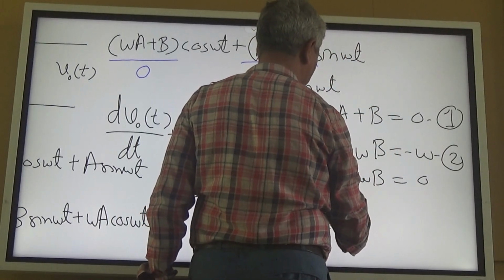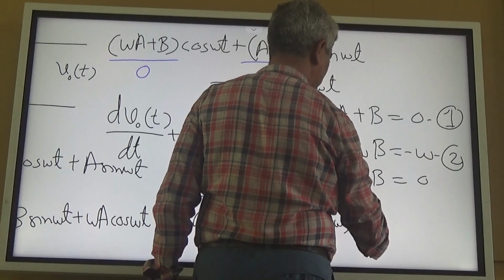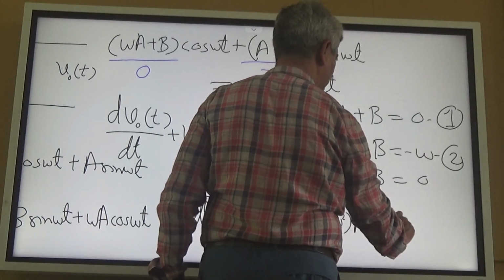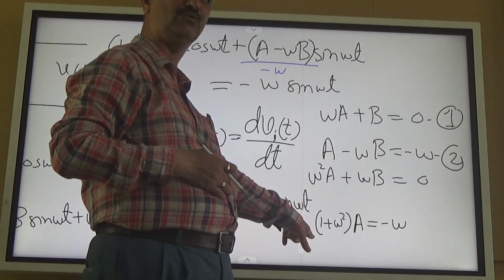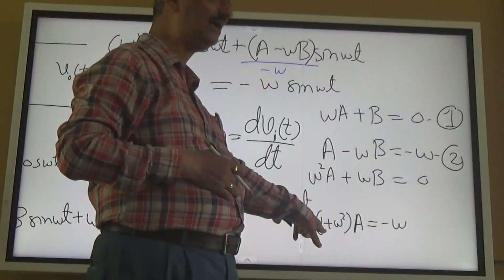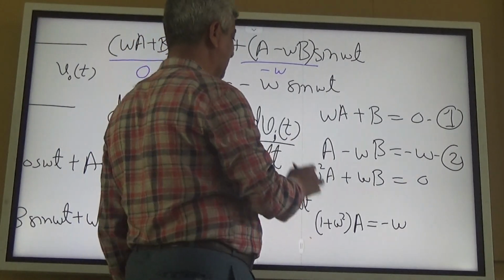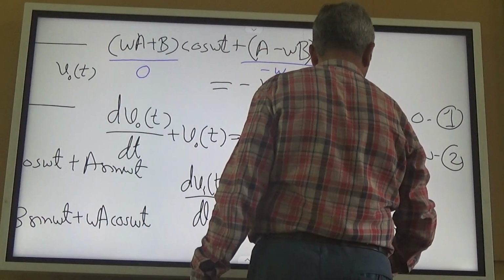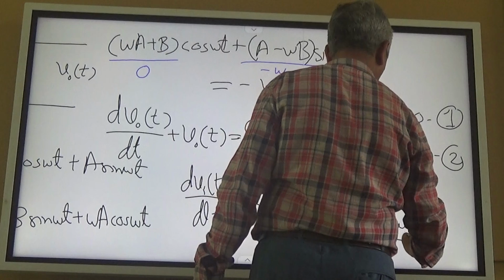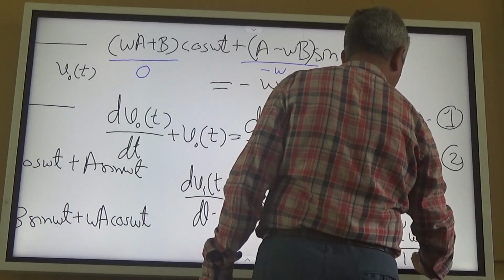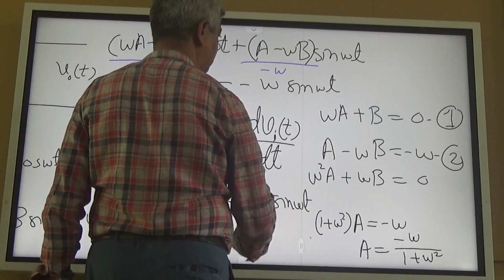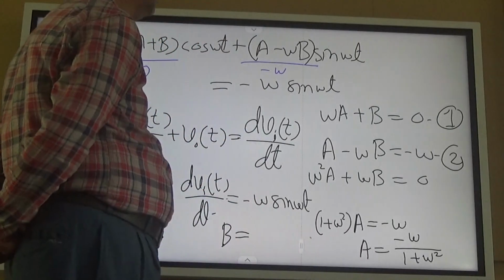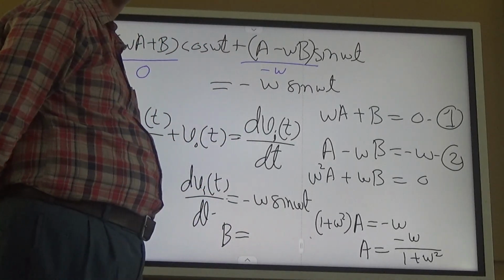When we add these two, what do we get? (1 plus omega square) a is equal to minus omega. Is it okay? Then what is b? Based on that, a is equal to minus omega upon (1 plus omega square). b is 1 upon (1 plus omega square), right?